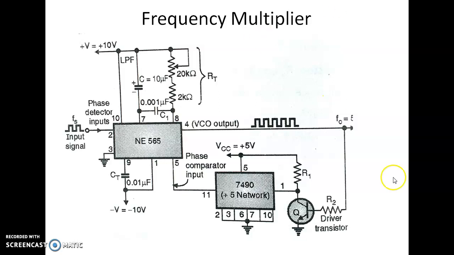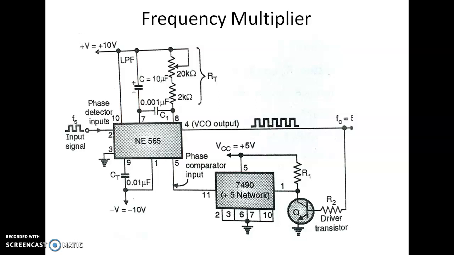The transistor Q is being used as a driver transistor, which improves the sourcing capacity of PLL 565 and avoids its loading. So this transistor has been biased to operate as a switch.